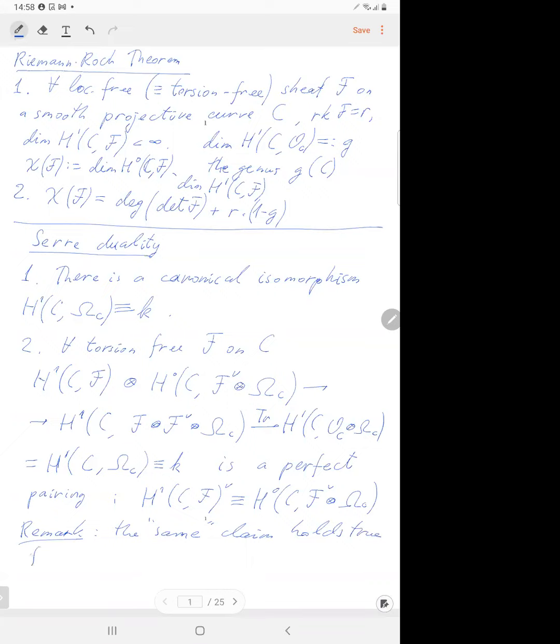The same claim holds true for any smooth projective, say irreducible, variety of dimension n, and then there is a duality between the ith cohomology with coefficients in F, a locally free, coherent sheaf, and the n minus ith cohomology with coefficients in the dual tensor a certain thing, and there is a pairing into the ground field, and this is a perfect pairing.